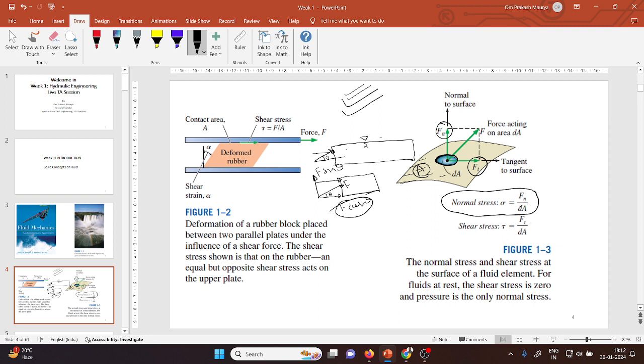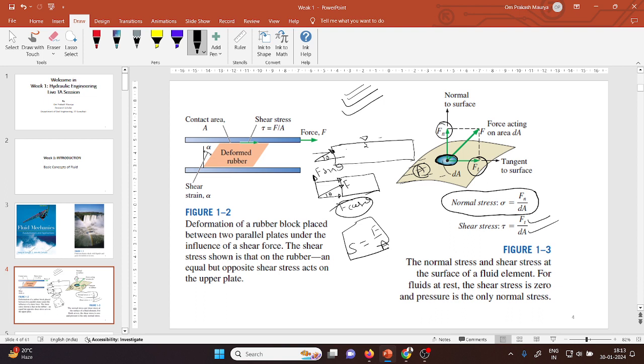Shear force is the lateral, that is the tangent component of the force you have applied on the fluid particle or fluid packet. So this is Ft by dA. As a stress, you know already, the stress is equal to force by area. So with that definition, write these things here.